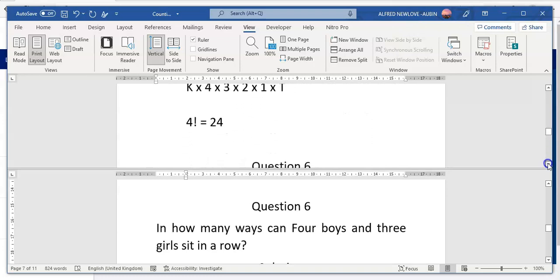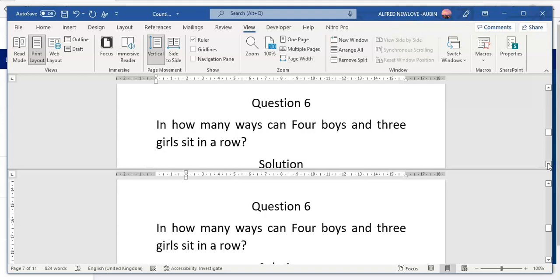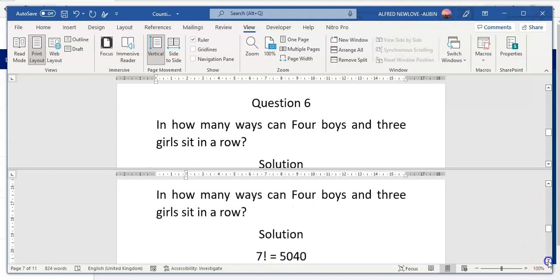Now, let's look at our next question. In how many ways can 4 boys and 3 girls be seated in a row? How many ways can they be seated in a row? Let's check how we can answer this one.